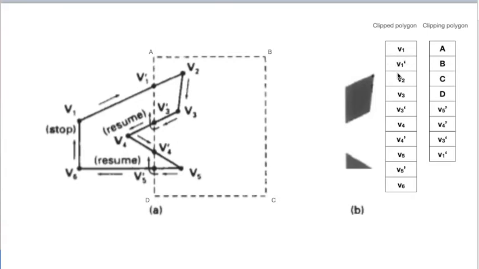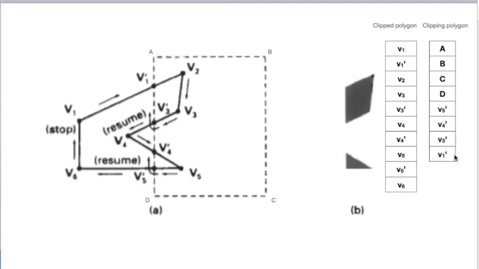Okay, so V1 dash to V2, V2 to V3, V3 to V3 dash, and you check whether this V3 dash is in the clipping polygon. So V3 dash is here in this clipping polygon, and in the clipping polygon next comes V1 dash. Okay, so it goes to V1 dash.